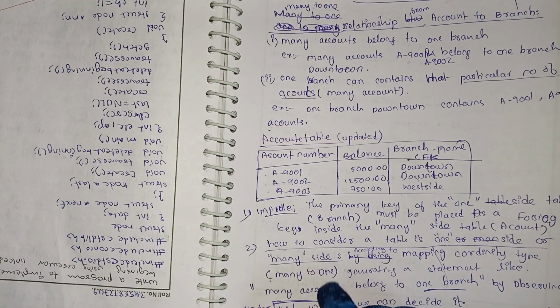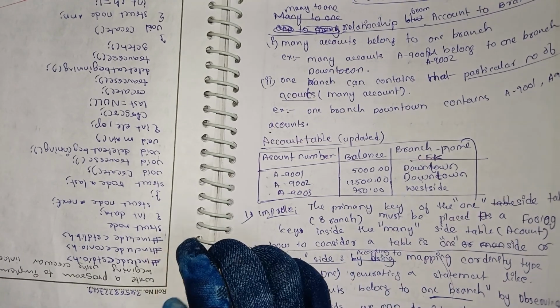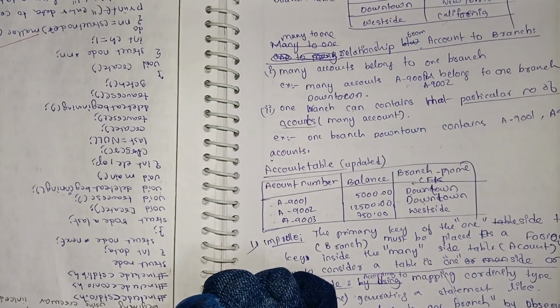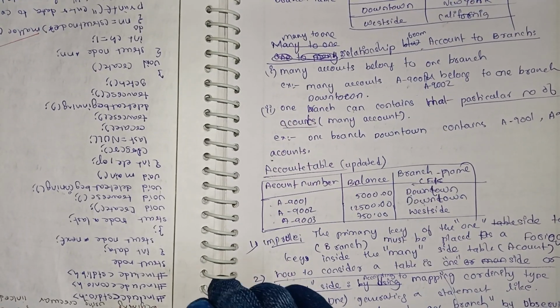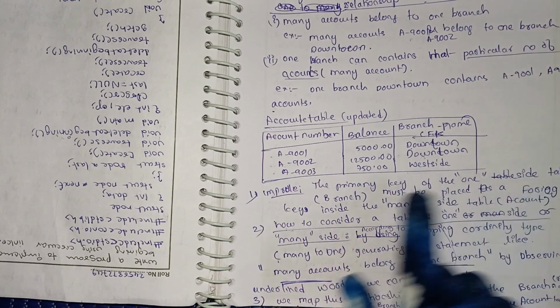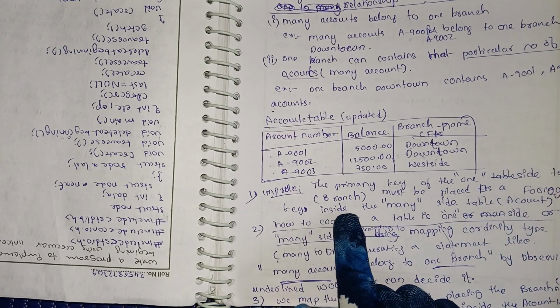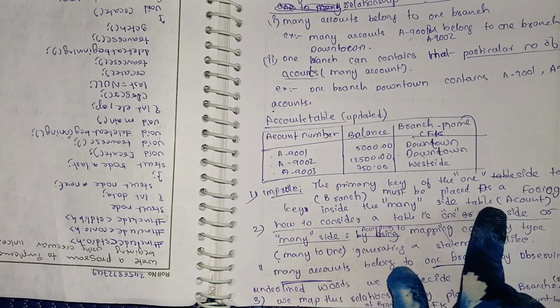So how to implement this relationship? For many to one, the primary key of the one side table, that is branch, must be placed as a foreign key inside the many side table, that is account.